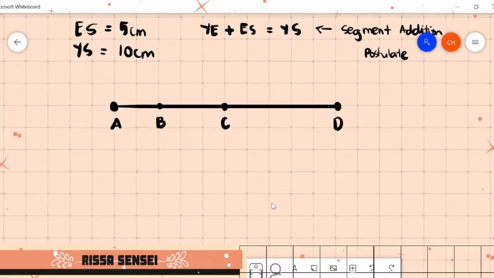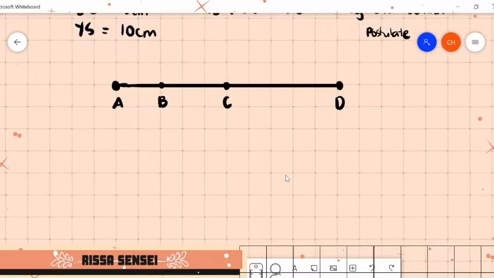We are talking about segment addition postulate kasi magka-connect yung sa concept of midpoint and this postulate. So, when we say postulate, hindi na natin kailangan patunayan na ito ay totoo. Okay? It is already proven. So, ano yung whole segment natin? Okay, correct, AD. Ang whole segment natin, yung kabuuan is AD.